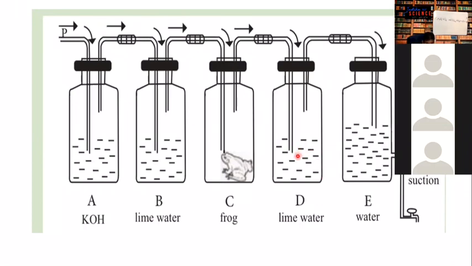The carbon dioxide is released by the frog during cellular respiration, so carbon dioxide reaches vessel D. Otherwise, carbon dioxide is present in vessel D due to the respiration of frog, but carbon dioxide is absent in vessel B. That's the reason for the observation.